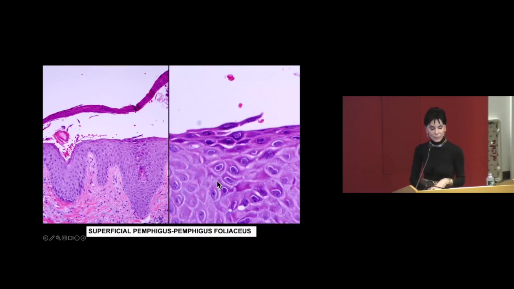So in pemphigus foliaceus, the antibodies are targeting an intercellular junction protein that is expressed at high levels in the superficial layers of the epidermis, referred to as desmoglein 1.